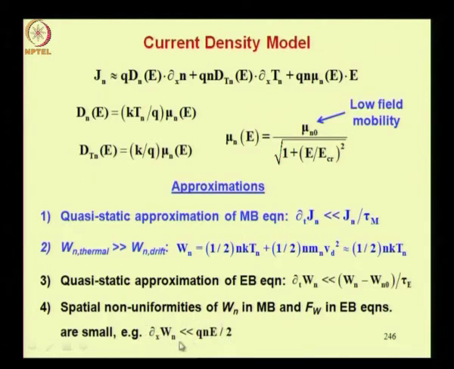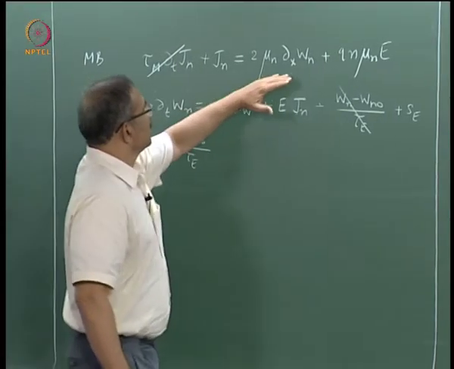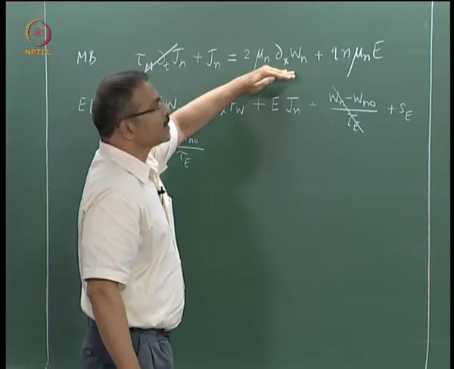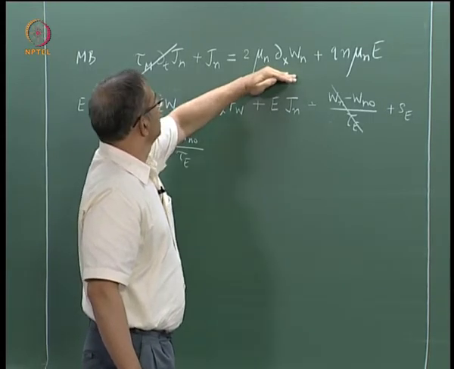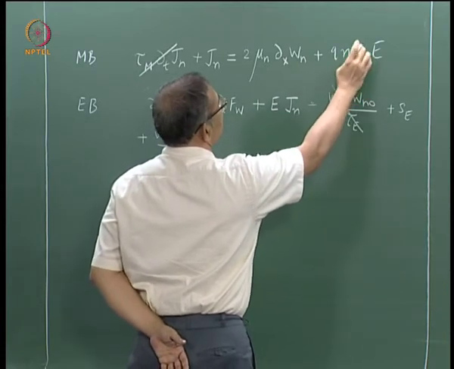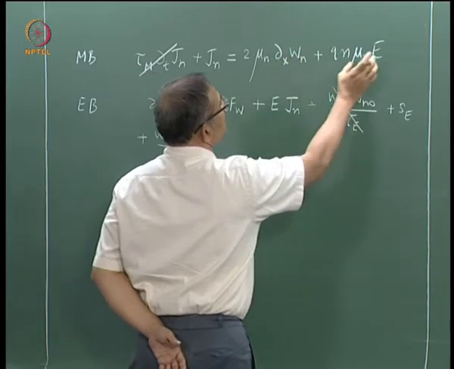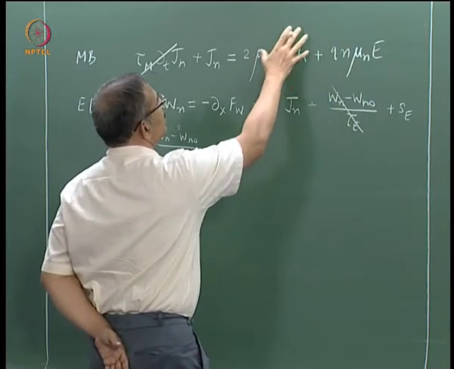So here again we are comparing the term that we are neglecting with other terms in the equation. Look at this. So dou Wn by dou x in the momentum balance equation comes here. Now we compare it with this term. You can see that mobility can be removed, and so if this term is much less than this term, then you can neglect this term.